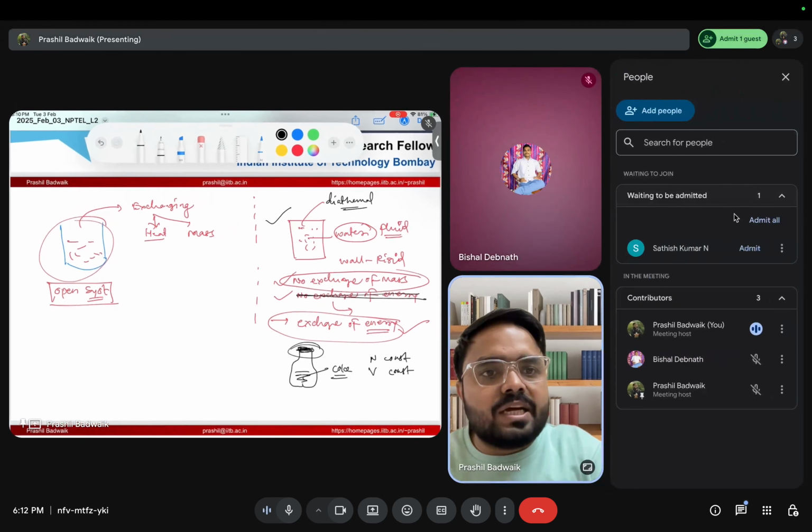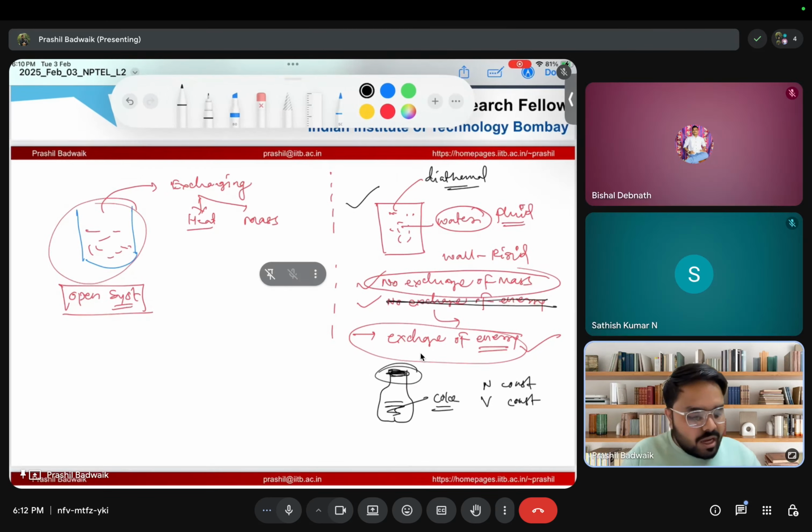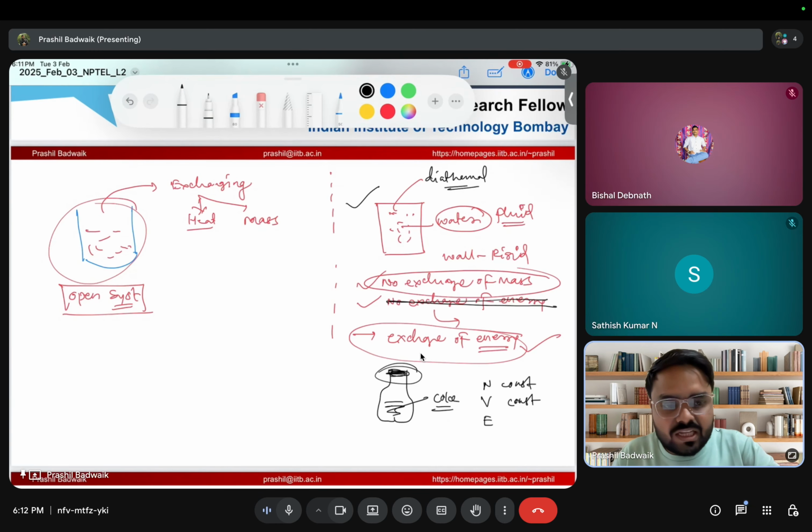It is exchanging energy with the surrounding, right? So if I am taking this coke bottle out of the freezer, what will happen? This will exchange the energy with the surrounding, correct? And the temperature of the fluid that is present inside this bottle will come to the room temperature, that means it is exchanging the energy.